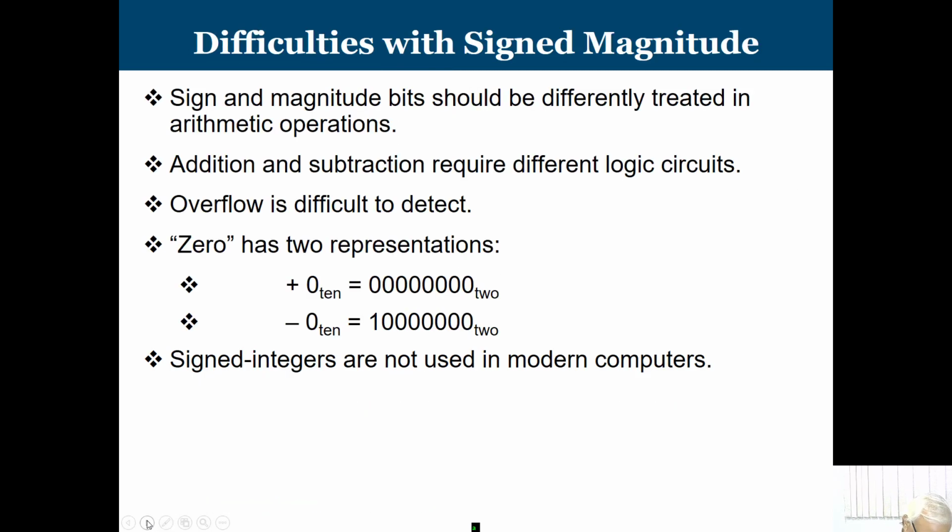Also, the sign and magnitude bits should be treated differently in arithmetic, so we need different logic circuits for addition and subtraction. We will see these things. Overflow is difficult to detect, and 0 has 2 representations. Generally, signed integers are not used in modern computers; currently we do not use this representation for negative numbers.